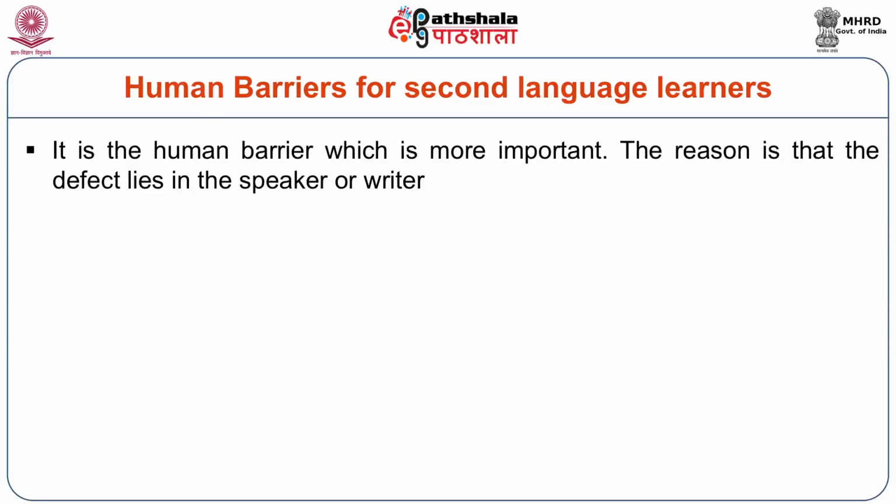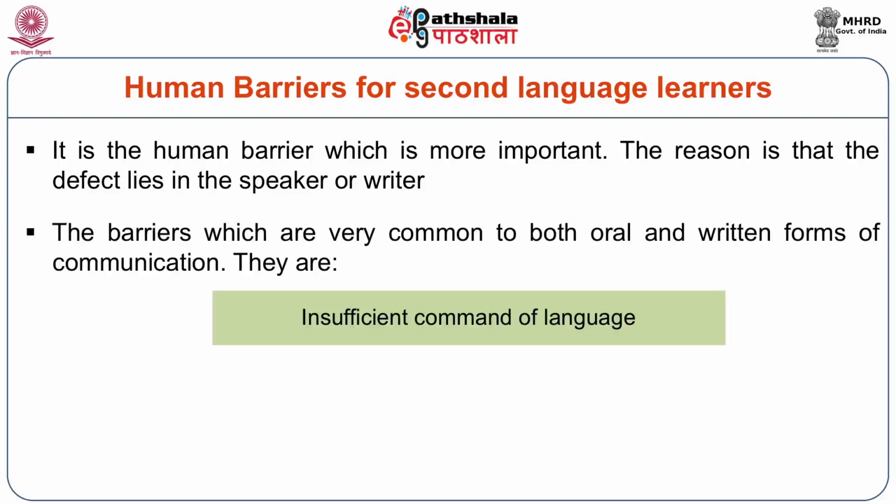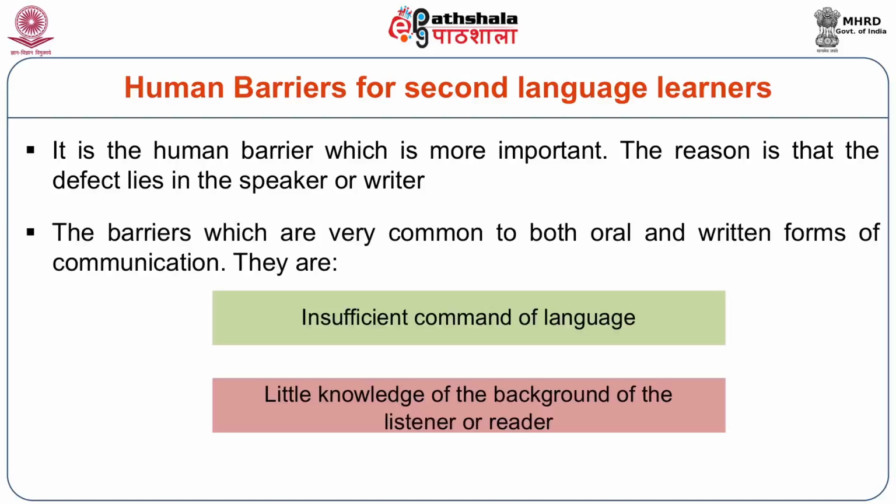When we come to the other kind of barrier, that is human, we should take care, because it is more important. The reason is that the defect lies in the speaker or the writer. The barriers may be common to both oral and written forms of communication, that is, insufficient command over language or little knowledge of the background of the listener or the reader.